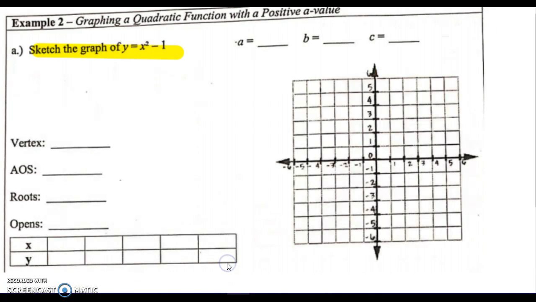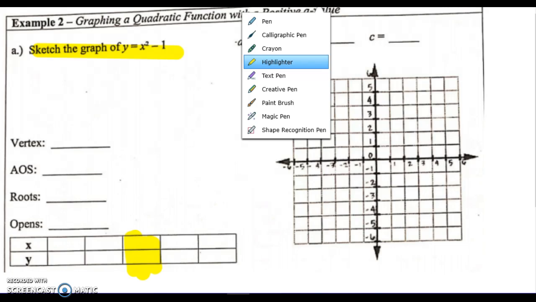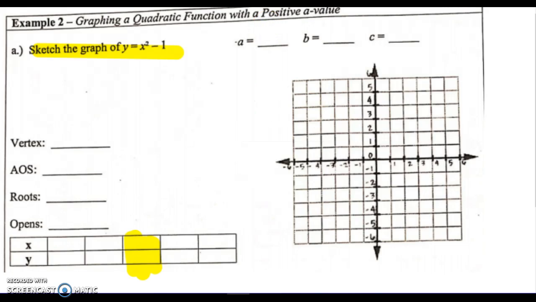I'm going to pop back over here, and I always put the vertex right in the middle. Usually we have it up and down, but today I've got the chart side to side, and it should be okay. My vertex was at 0, negative 1, so I'm going to put a point right there.